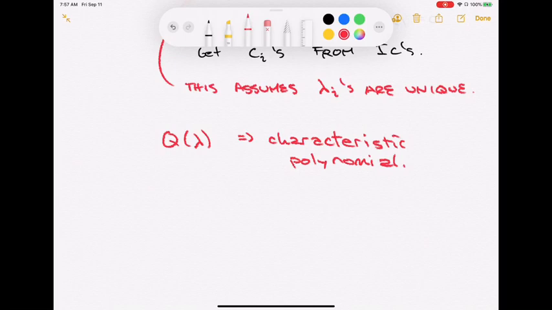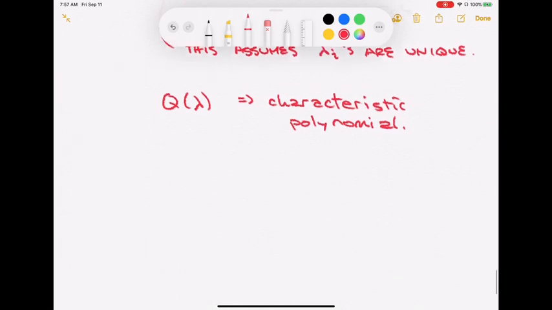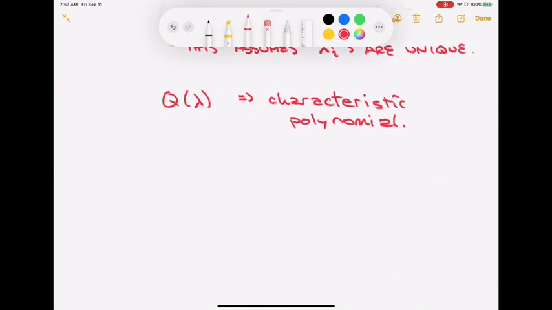Different Q's are going to give us different lambdas when we solve it, and those different lambdas tell us the different shape exponentials that this system wants to release energy for. I'll try to give an example of that in a minute. Because Q dictates how the system wants to release energy, something about its fundamental character, this polynomial Q is called the characteristic polynomial.